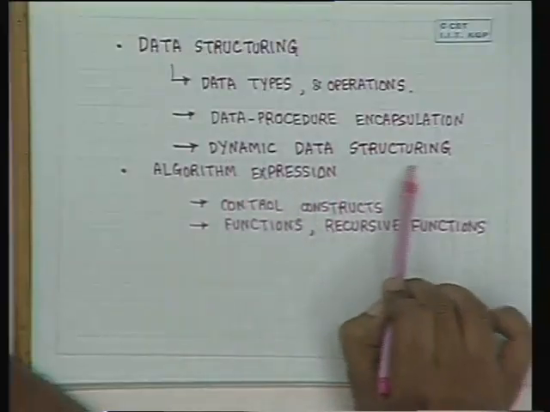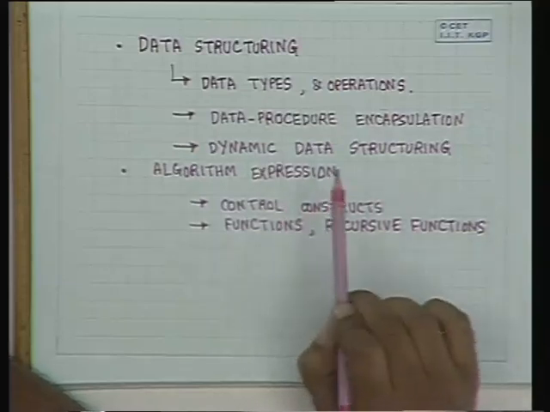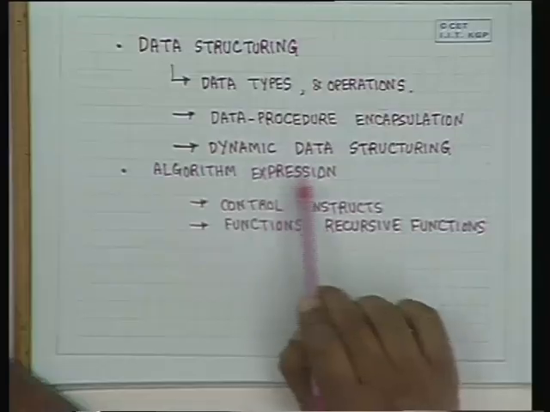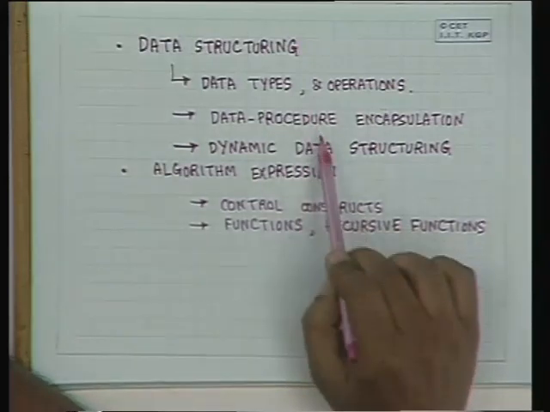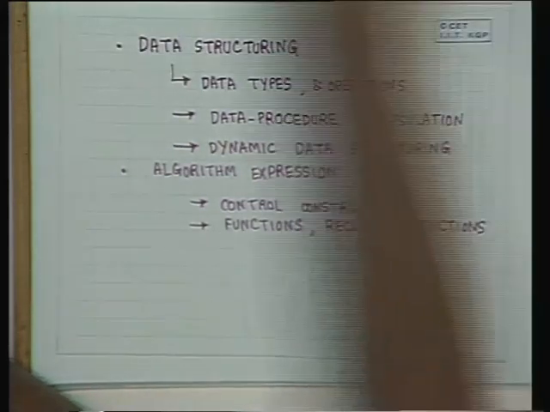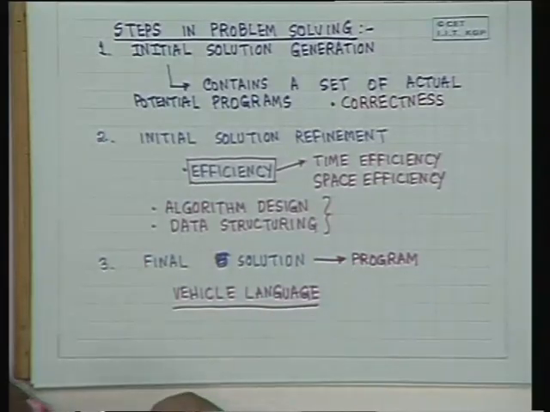In Fortran you can't do it, but many languages will provide you with dynamic allocation, facilities for allocating and deallocating data dynamically during the program. So when such facilities are available, it becomes much easier to translate your final solution into a program.